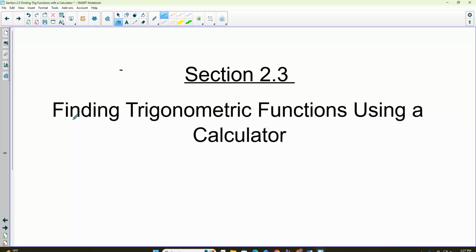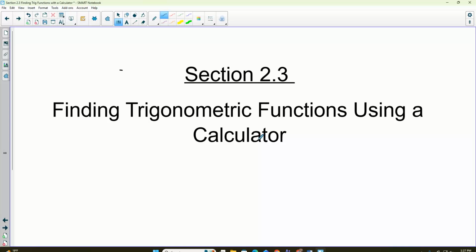I just want to teach you, we've only done the special angles, the 0, 30, 45, 60, 90, but there's a lot of other angles. And so if I need to find the sine of 22 degrees, I don't have that memorized, and I'm not asking you to. That's where we're going to use our calculator for anything outside of those common angles.